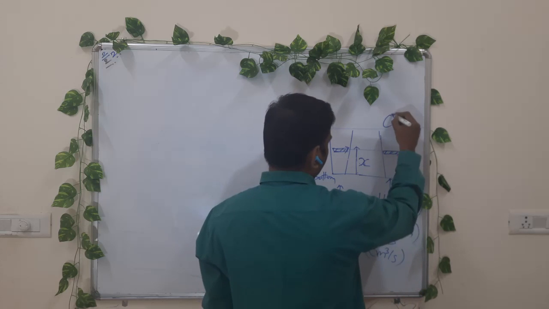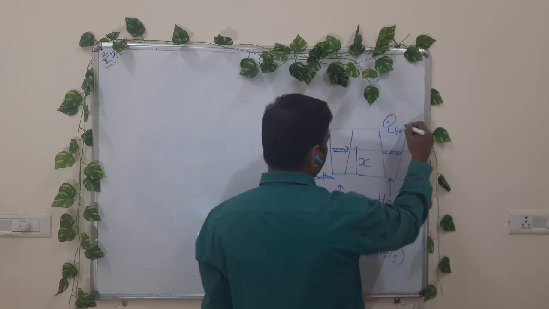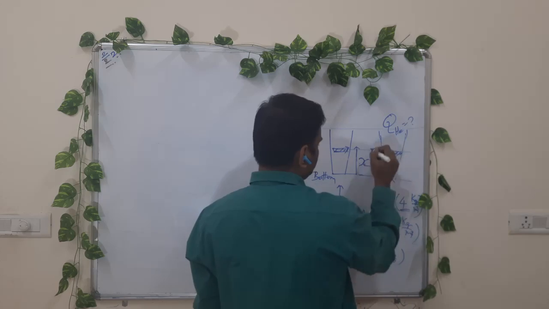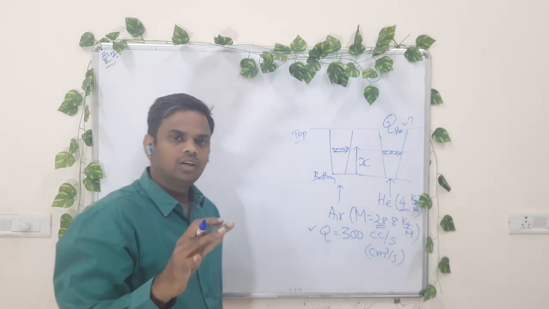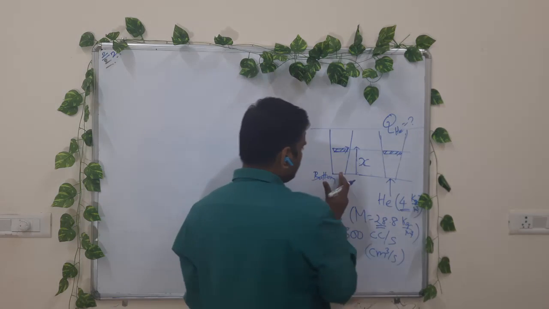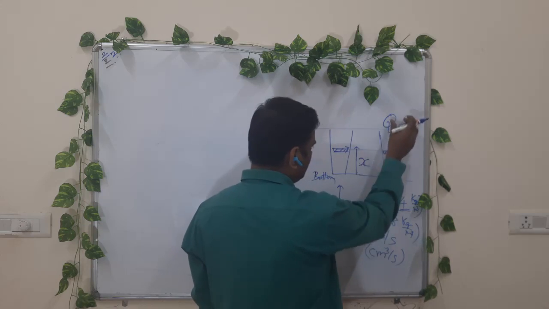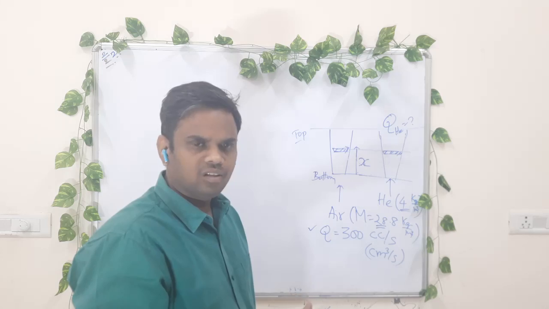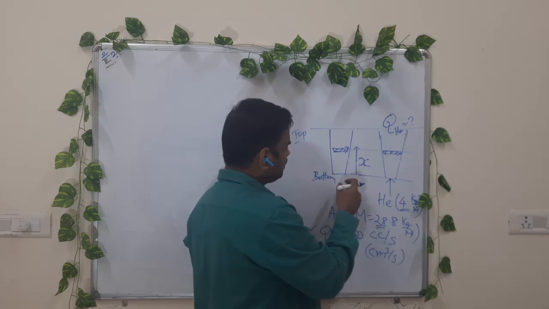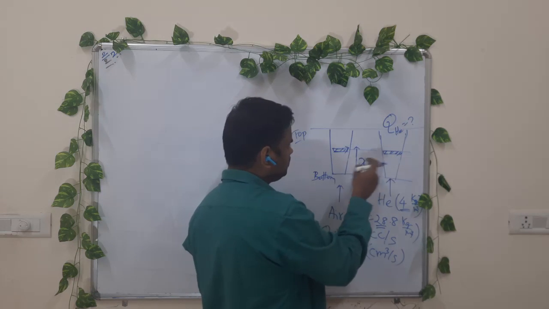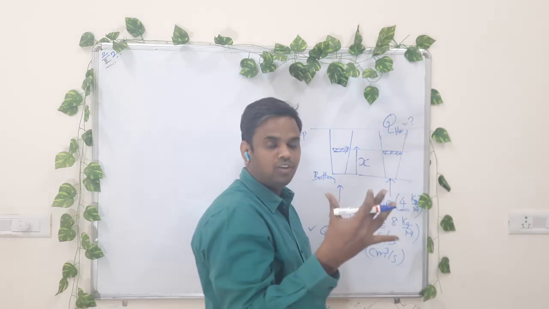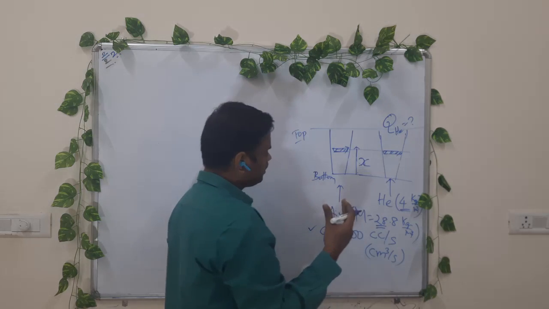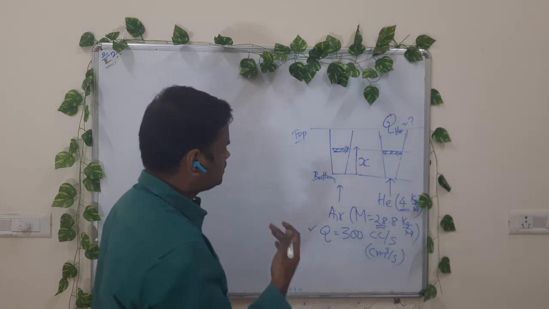Find Q of helium when the float is at the same position. When helium flows through the same rotometer with the same float position, what will be the volumetric flow rate? Do you think it will be the same? When the density of the fluid is different, will the float position change for the same volumetric flow rate, or will it be the same?